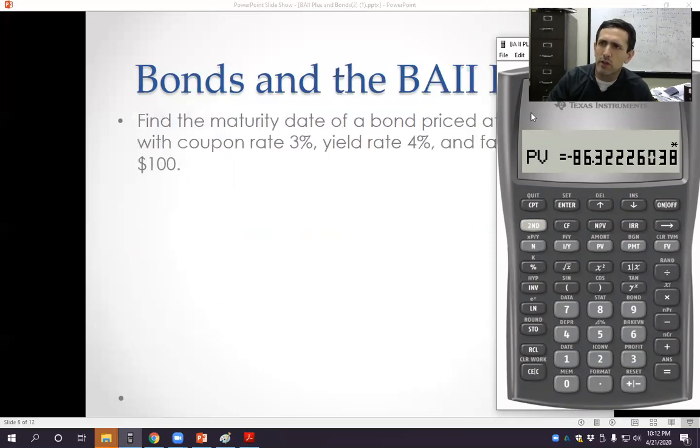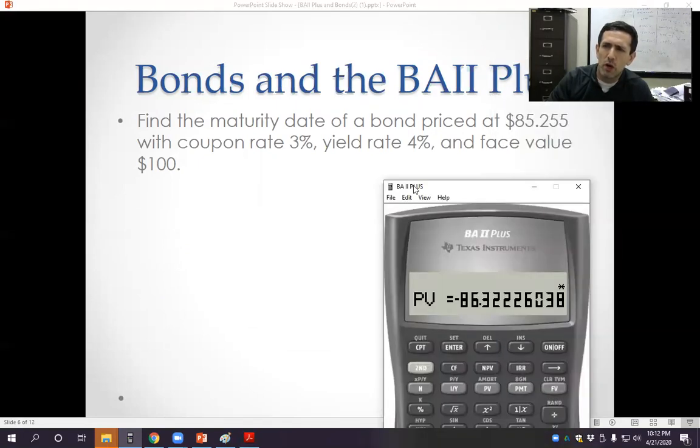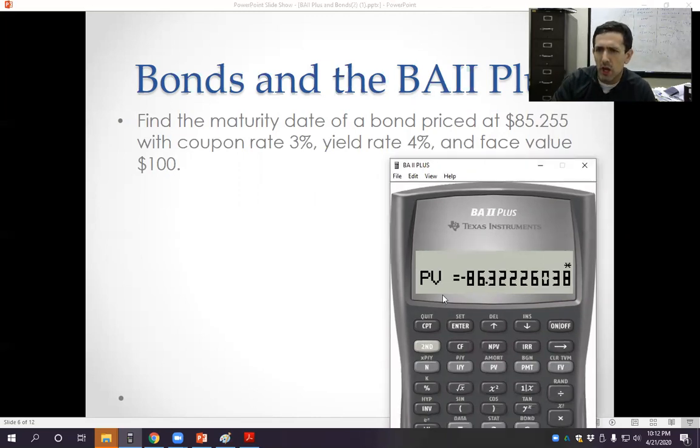All right, so let's do another example where we compute a maturity date. So everything's the same except the bond is priced at 85.255. And I'm rounding that to 3 decimals so that our calculated answer is very nice and close to an integer. All right, so let's clear CBM.